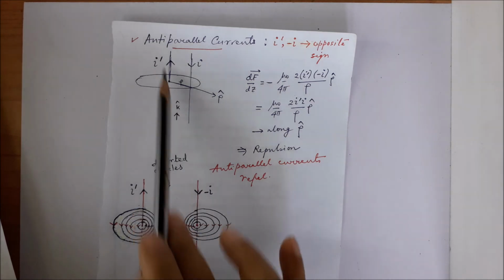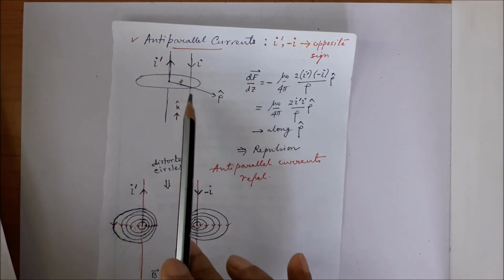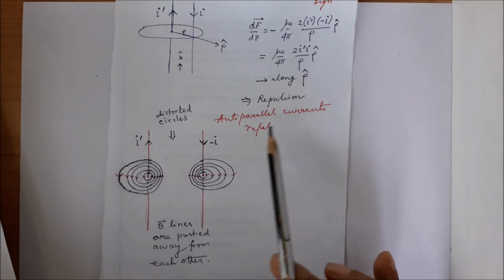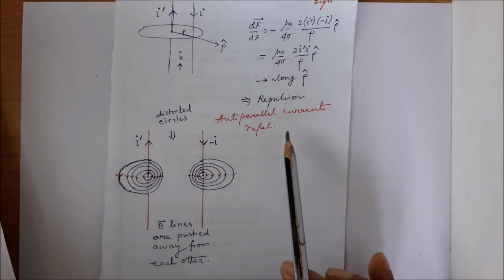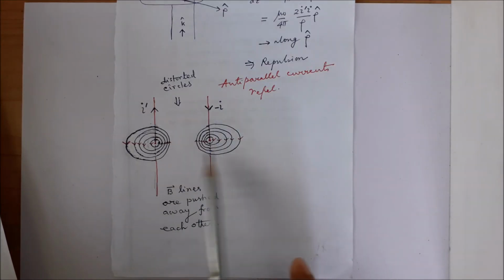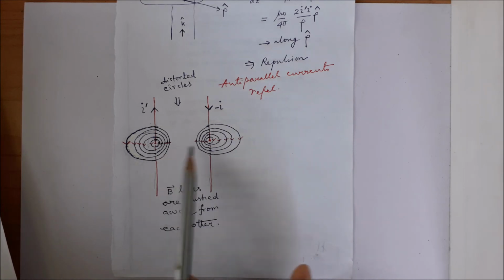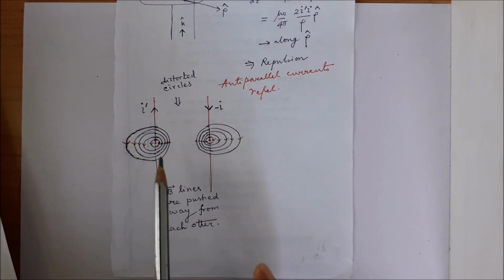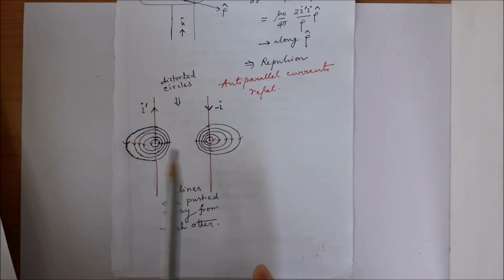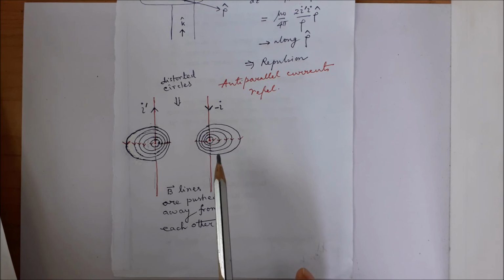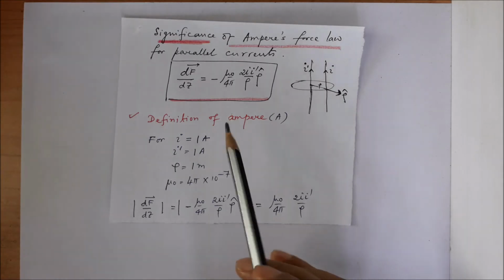It would move away from the source circuit, implying a repulsion. So antiparallel currents repel. Clearly the field lines now speak volumes for it. The intermediate region is now empty. They are looking away from each other, not liking each other's company. And this aversion is nothing but repulsion.